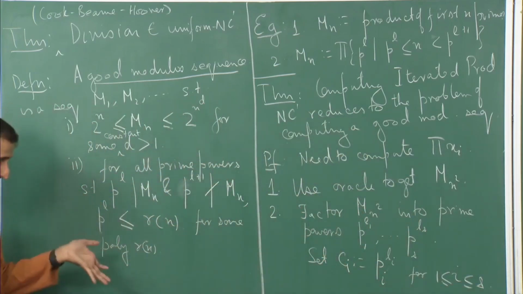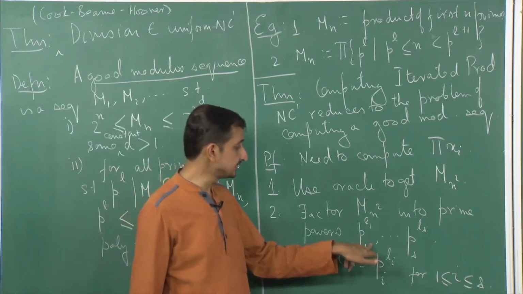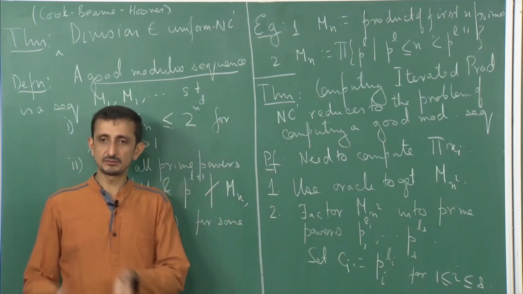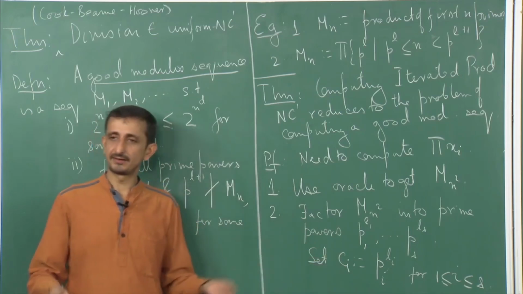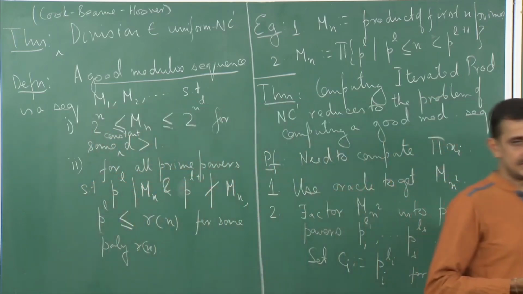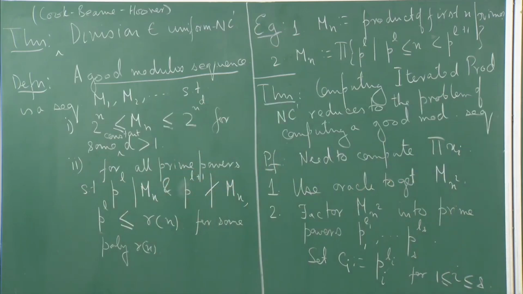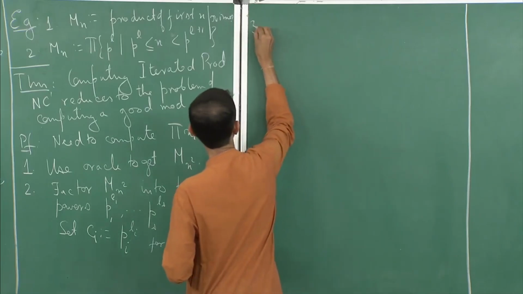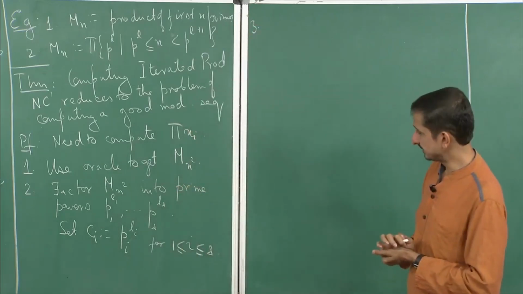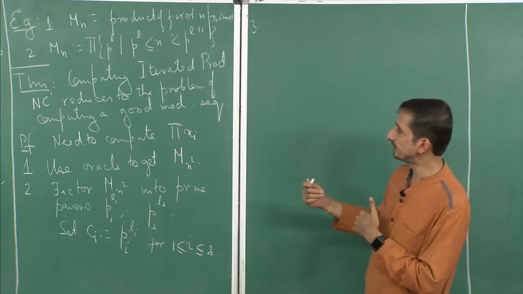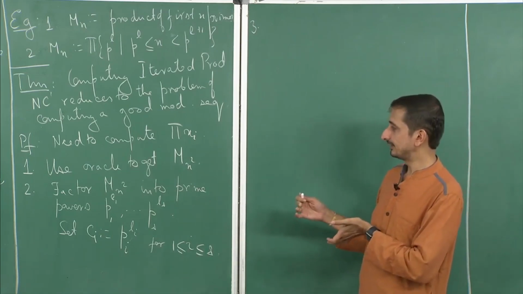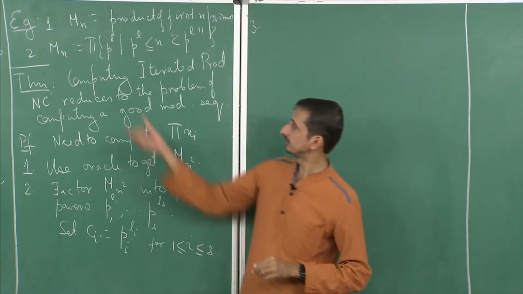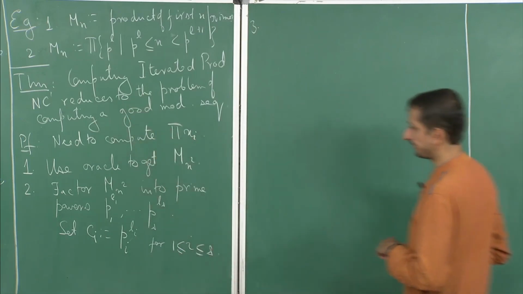So we just factor all of these, and what we are guaranteed is that all these prime powers are bounded by a polynomial, okay. So these prime powers are small, so therefore, we can do this factorization easily by a log depth circuit. We have also seen last time that if I have a number which is bounded by a polynomial, then I can factor it in log depth, okay. So next, essentially what we are going towards is we will actually use Chinese remaindering, okay. So we will show that we can use Chinese remaindering to get the product of xi, okay.